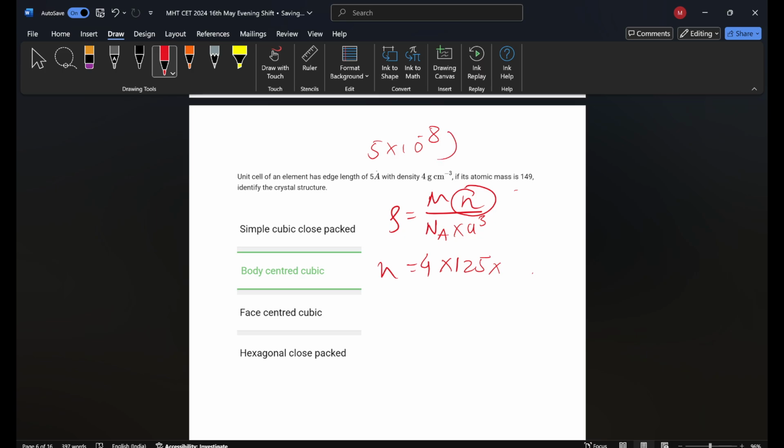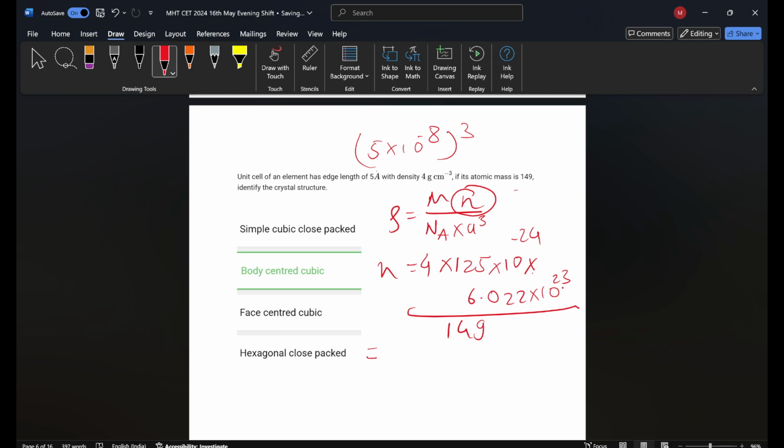So the cube of this will be 10 raised to power minus 24, into we have our lucky number 6.022, or we can say the permanent number, divided by the molar mass, that is 149. 149 is close to 150, so we will not disturb this 149.